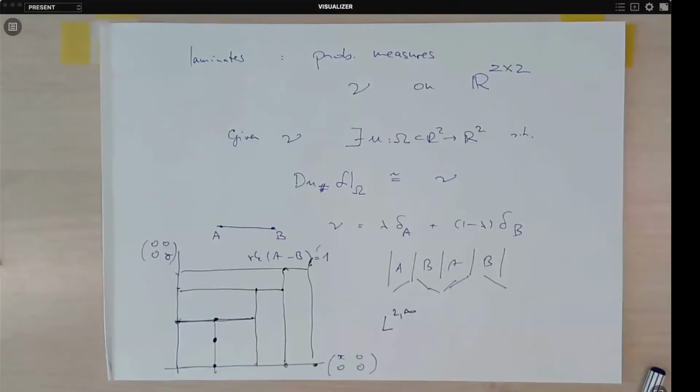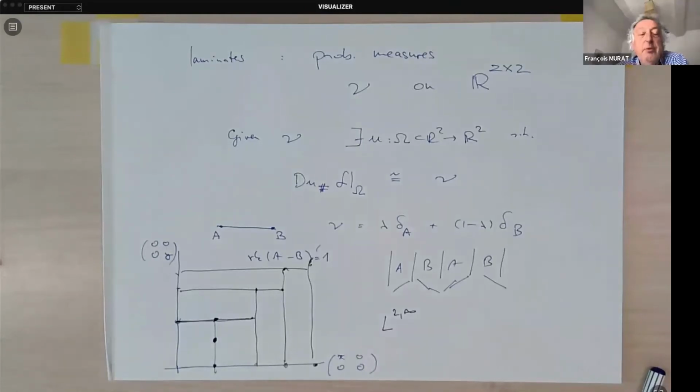Yeah, this is a comment. I guess that the Div-Curl lemma in the L^p, L^p' setting appears in my first paper about compensated compactness in '78. Okay, I'm sorry.